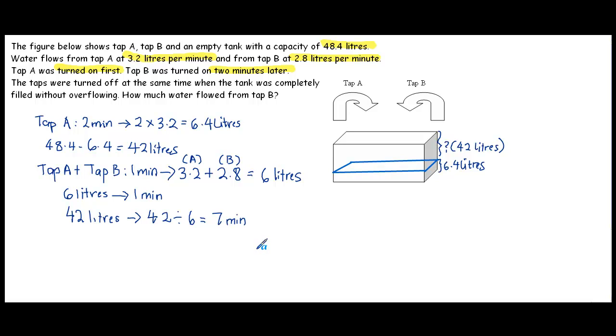With the information, we can therefore find the amount of water that flowed from tap B when the tank is completely filled.